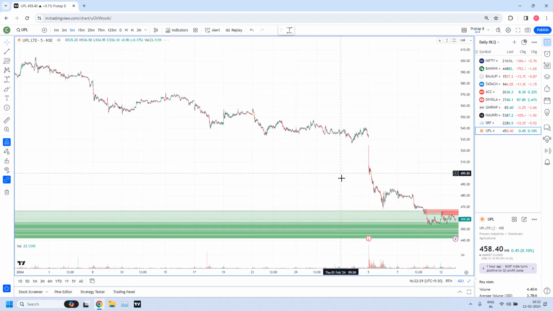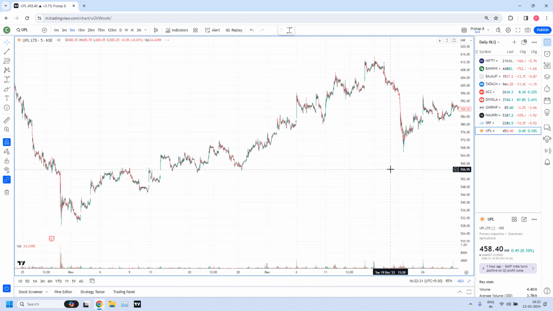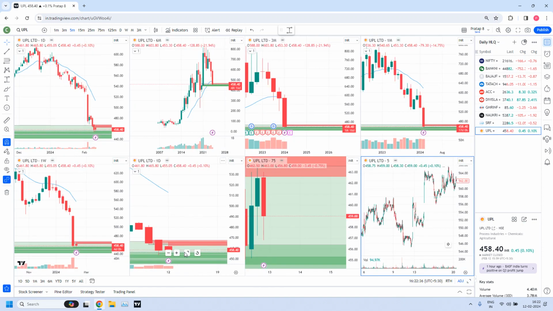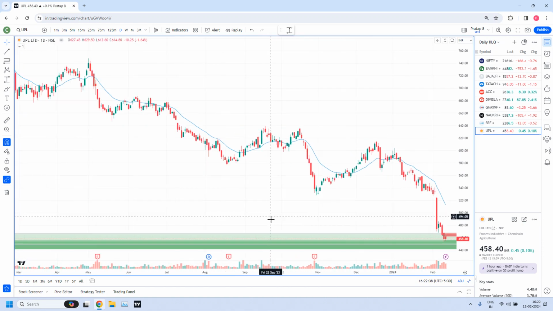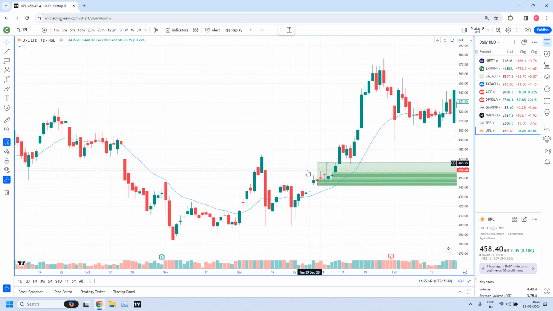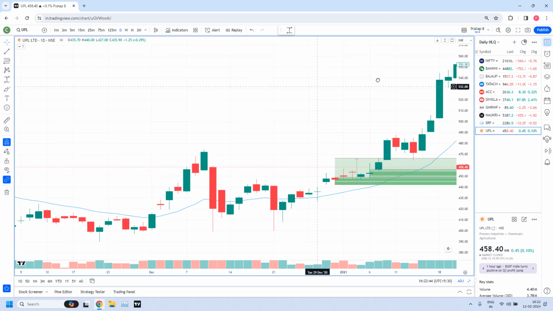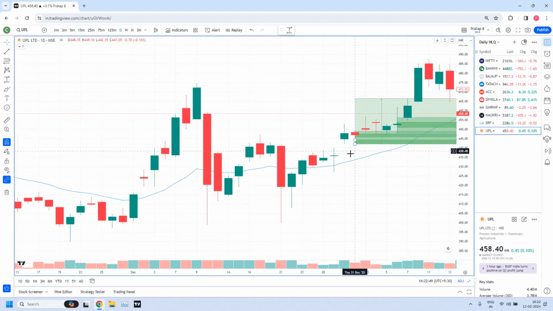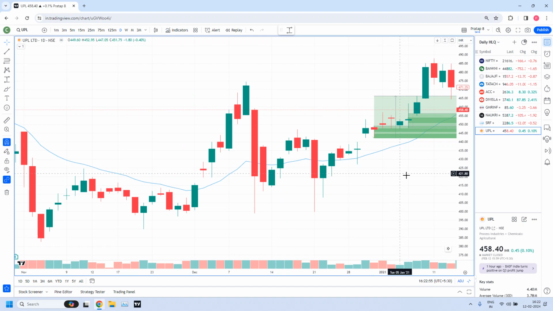Previously, we had already drawn this high liquidity zone. Let me show you. This is the daily high liquidity zone. We have a hidden body rally candle, 1, 2, 3, 4, 5, 6 base candles, again a rally candle.